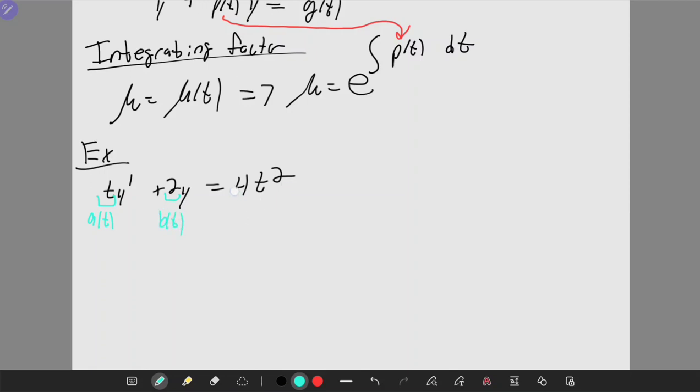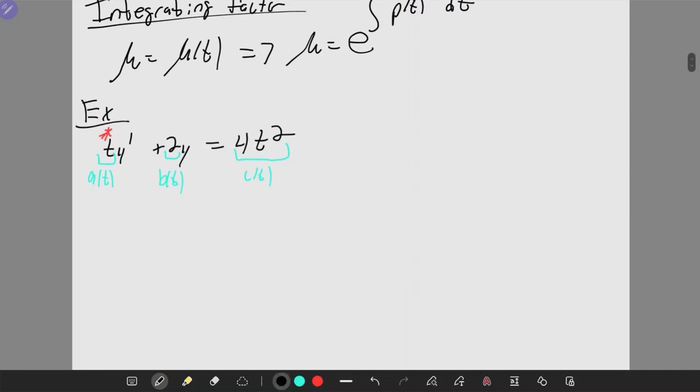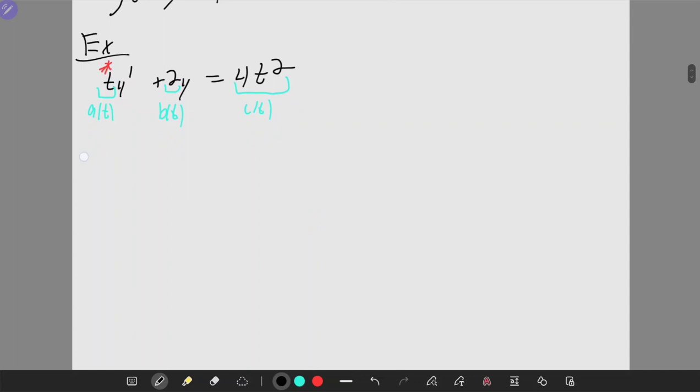This is our c of t. It's not in standard form because we have a coefficient on top of here, right? We don't want this. So we're going to divide by t, and then we get y prime plus 2 over t times y is equal to 4t.